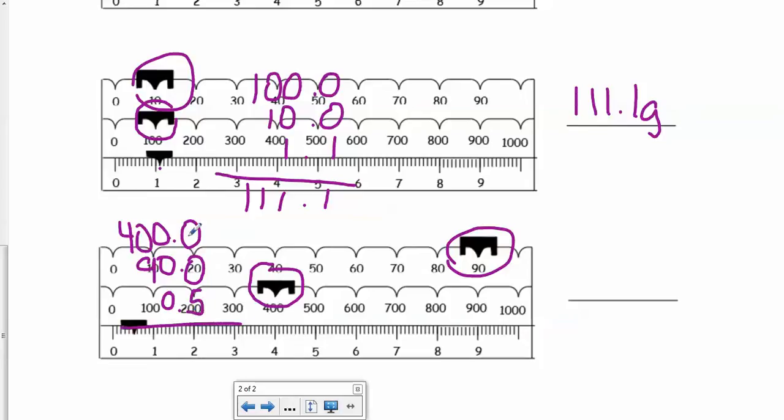So this is really when it helps to have your decimal point in 0. So we have 5, 0, 9, and 4. So we have 490.5 grams. So remember, when you're using the triple beam balance, your unit is always going to be grams.